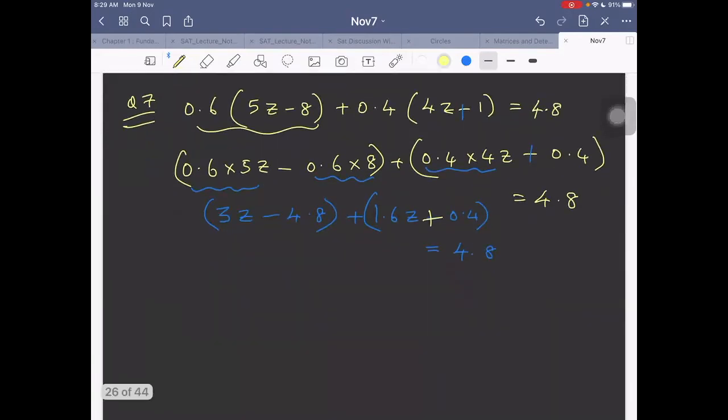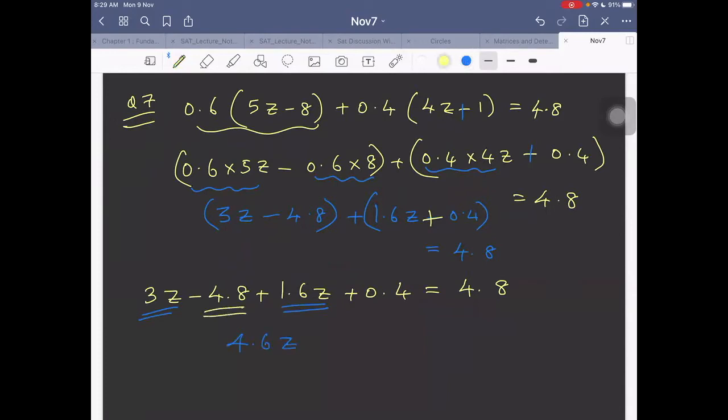Now we have 3z minus 4.8 plus 1.6z plus 0.4 is equal to 4.8. So what do we do? You combine the like terms. We have 3z, we have 1.6z, that is 4.6z. And you bring the other terms to the other side. So we have 4.8, and this goes to the other side, it becomes plus 4.8.